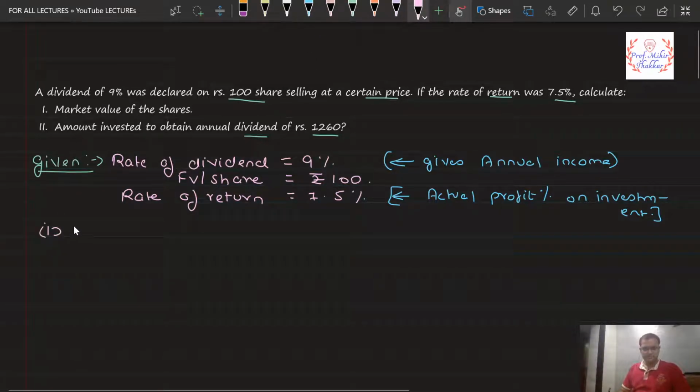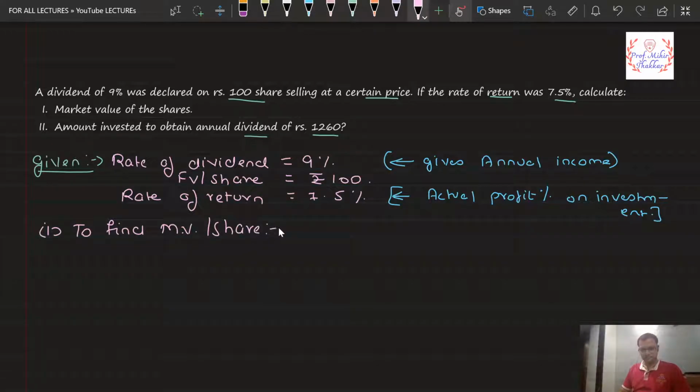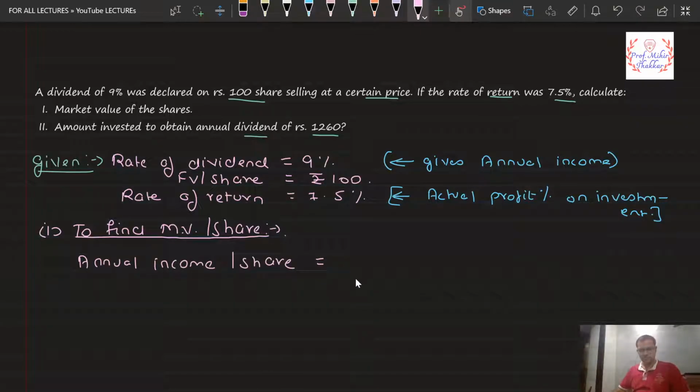To find the market value per share, we say over here: annual income per share is nothing but rate of dividend multiplied by face value per share.